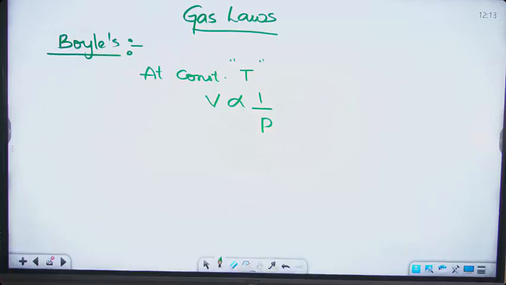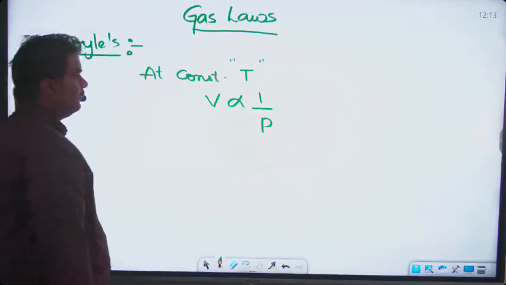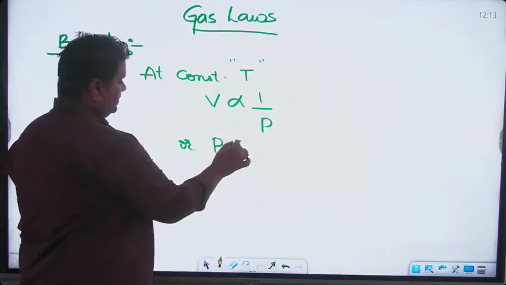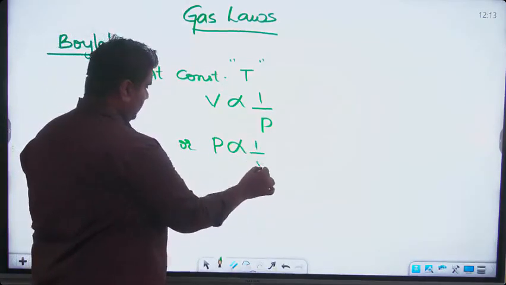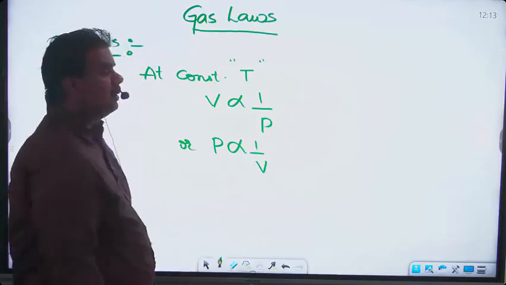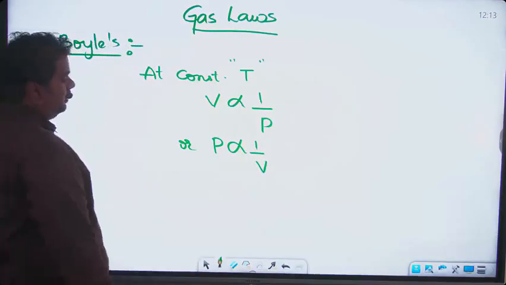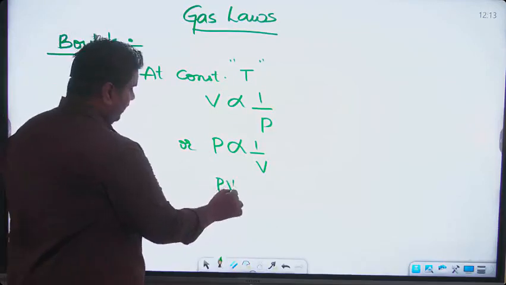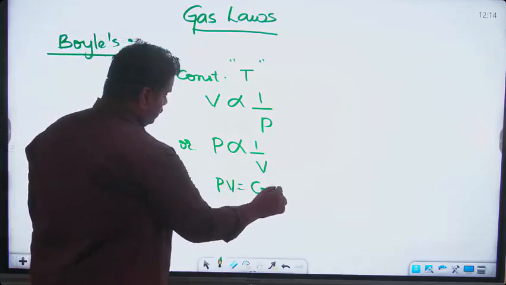That is, V is proportional to 1 by P. Or else from this one you can even write P is proportional to 1 by V. Now if you remove this proportionality constant, we write PV equal to constant.